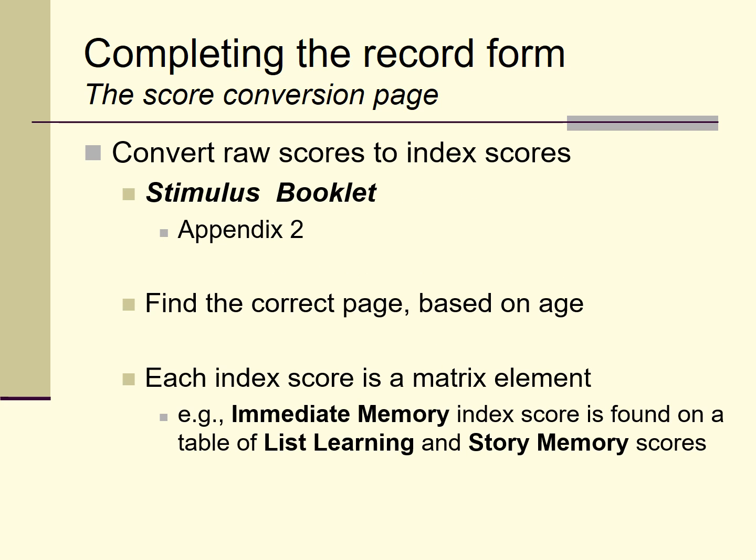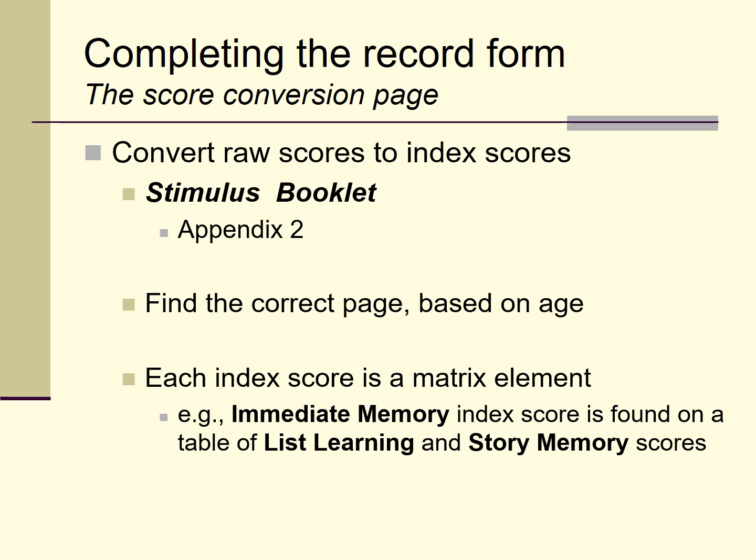Now, to convert those subtest scores to index scores, you have to use a table that's located in the back of the stimulus book. The stimulus book is just the book that has some of the items for some of the subtests you need for the RBANS, and in the back it's got this appendix, as you can see there, and it's got this matrix that allows you to get index scores associated with particular sets of subtest scores.